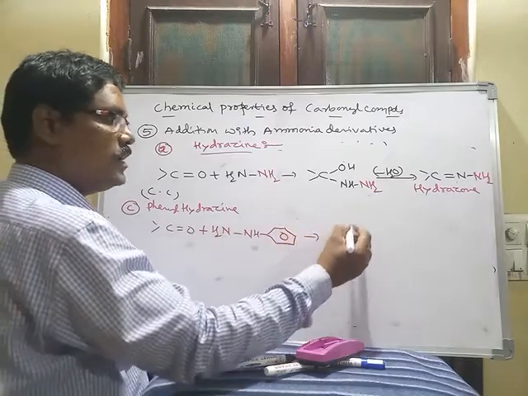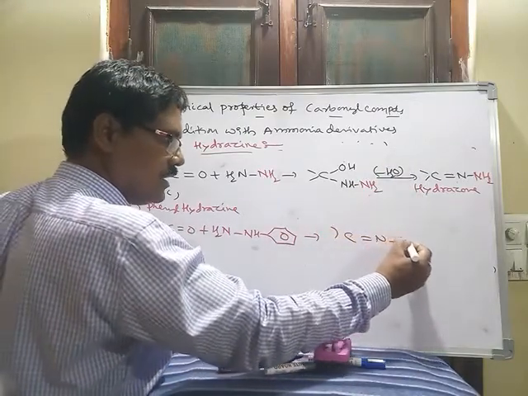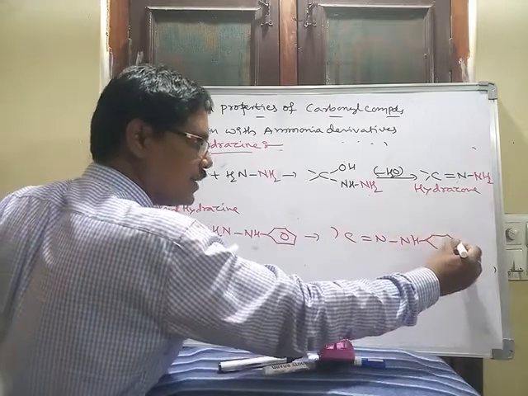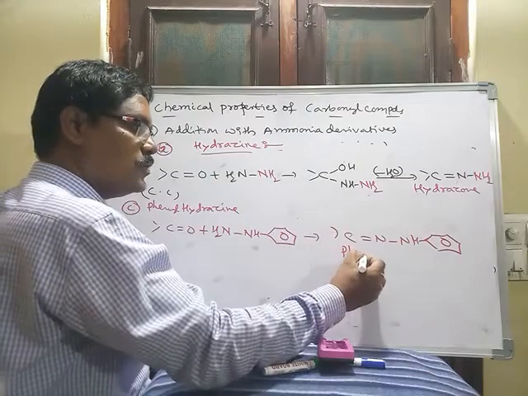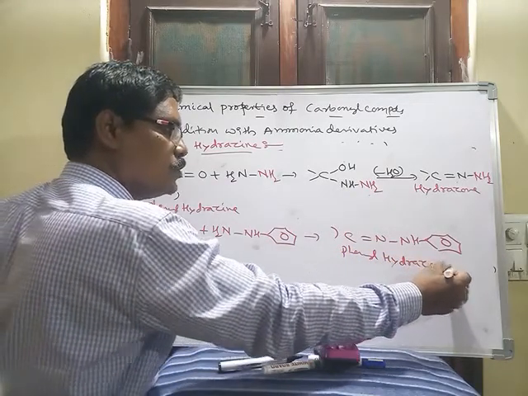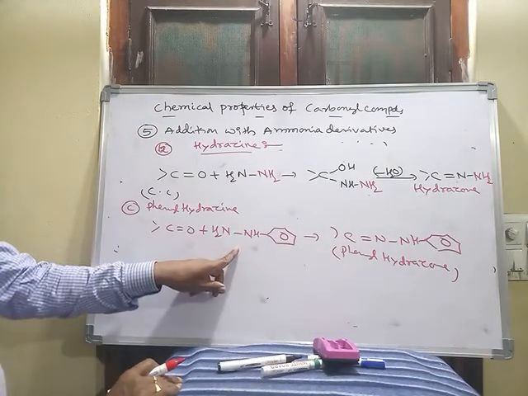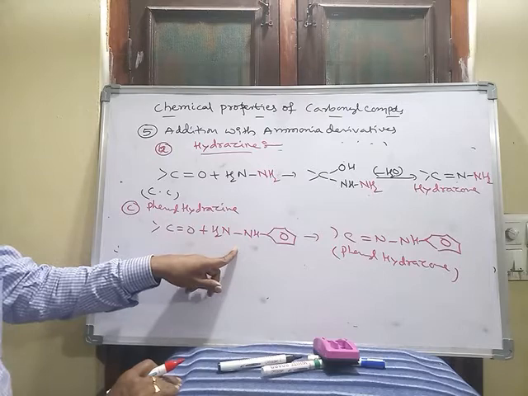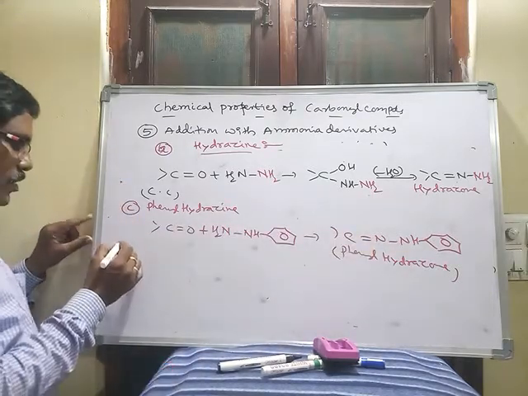Similarly, we obtain the final product C=N-NH-phenyl group. It is called a phenylhydrazone. That's why a carbonyl compound reacts with phenylhydrazine to form a phenylhydrazone.